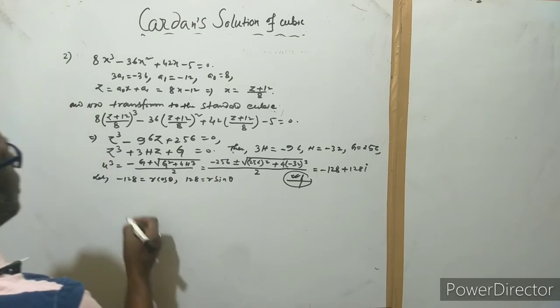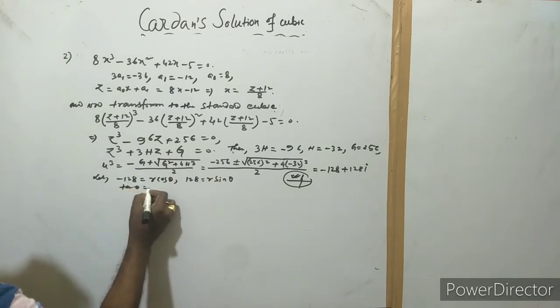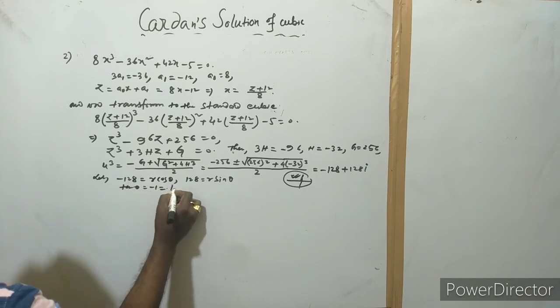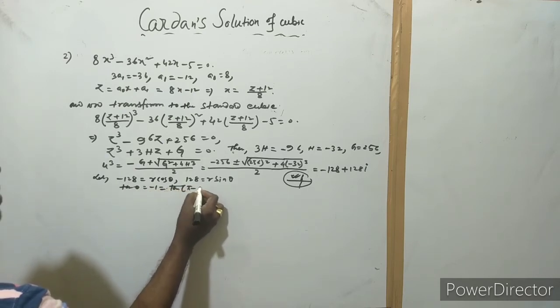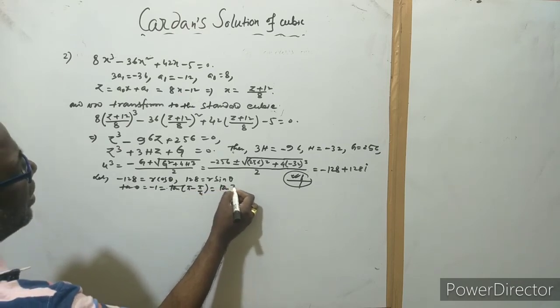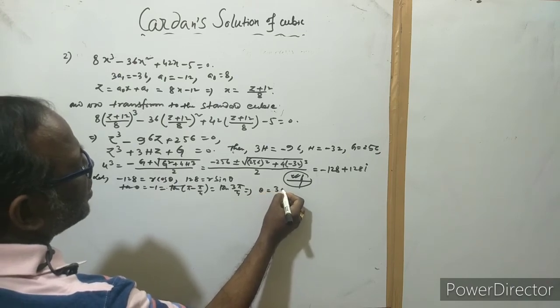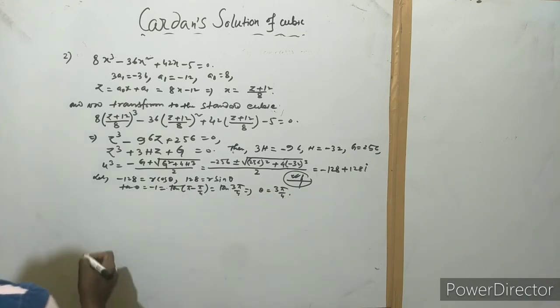Okay, so therefore tan theta is equal to minus 1, so you get here pi minus pi by 4, and that is 3 pi by 4. Implies that theta is 3 pi by 4 actually.